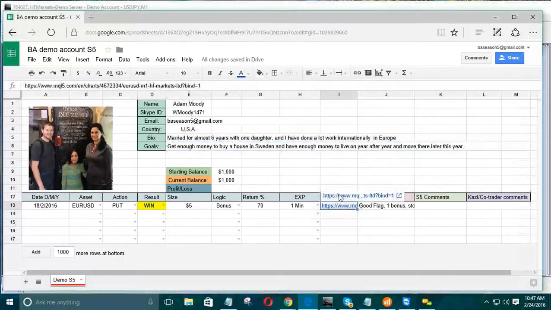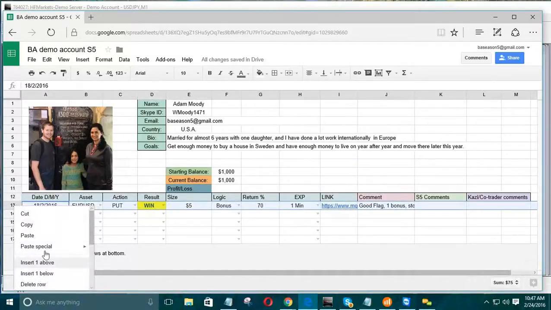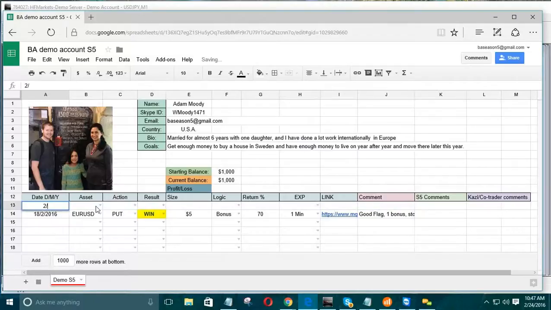So you'll use the same link, but if you trade, say I traded another bonus here in the same cycle, and just say I lost it, I would do the same thing. I would say Euro USD. I try to put for a bonus. I lost it. I would put $5.